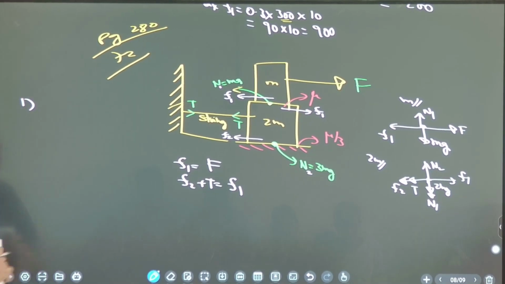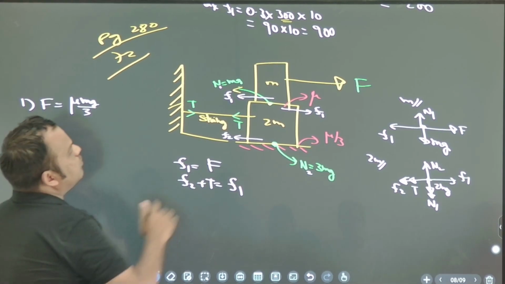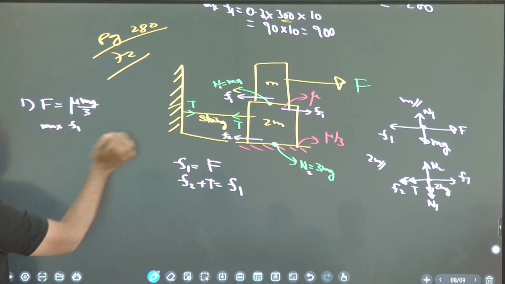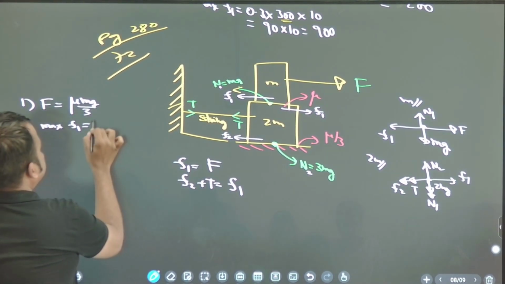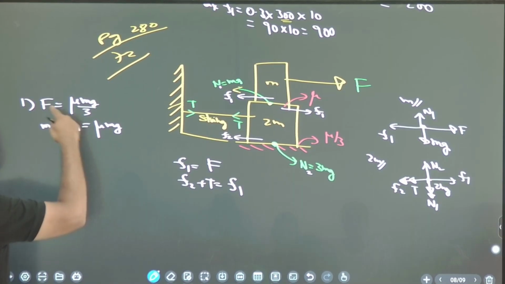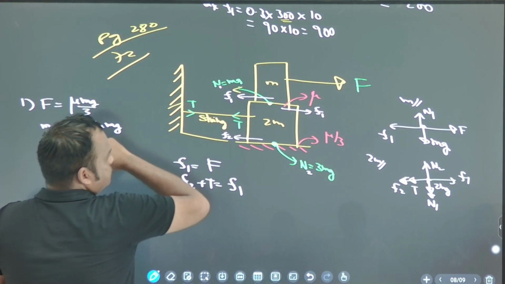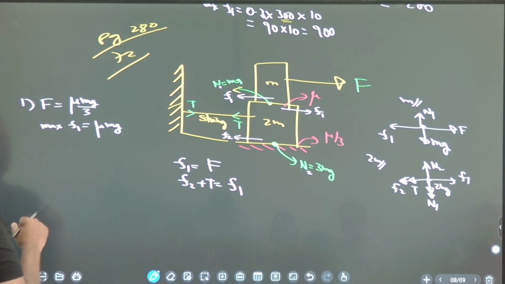Capital F is equal to mu mg by 3. Now what is the maximum friction here? Maximum F1, tell me what is maximum F1? Mu mg. So maximum friction is mu mg, and you are exerting mu mg by 3. So block will not move. Understood? Block will not move.